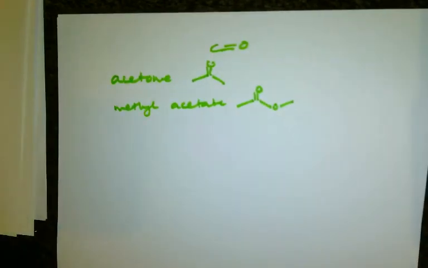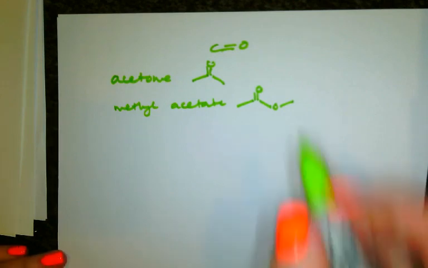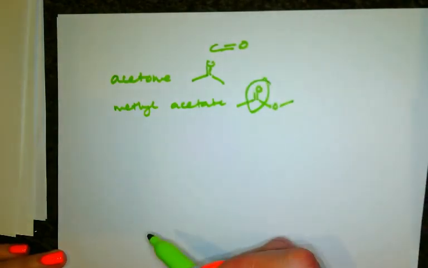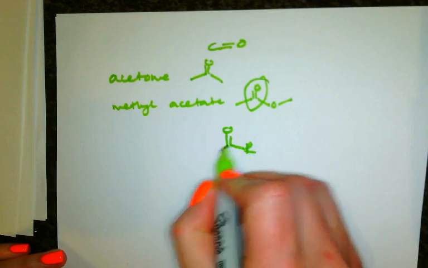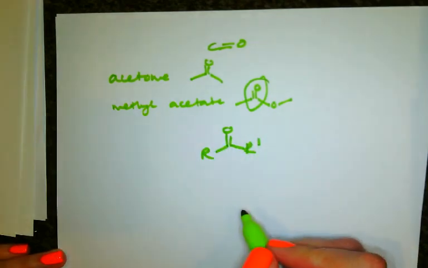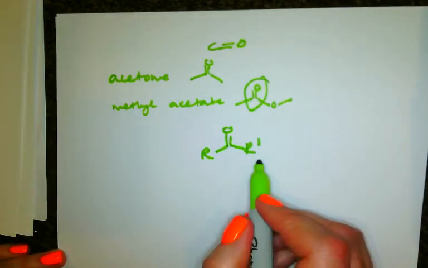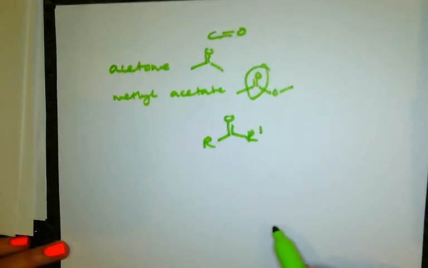Once you've done that, you will notice that these molecules all have one thing in common, and that is that they have a carbonyl group. However, they differ in terms of their R groups surrounding the carbonyl group.